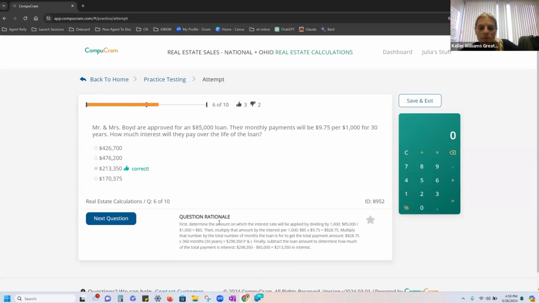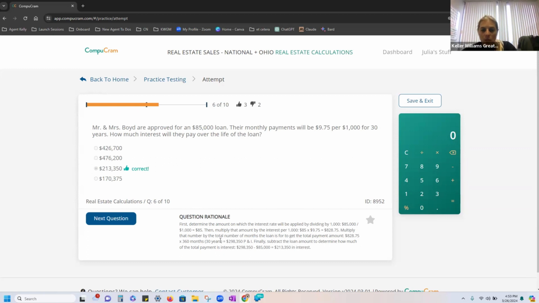So first, determine the amount to which the interest rate will be applied by dividing by 1,000. So you do 85,000 divided by 1,000, you get 85. Then multiply that amount by the interest per 1,000. So 85 times $9.75 equals $828.75. Multiply that by the total number of months the loan is going to be paid.